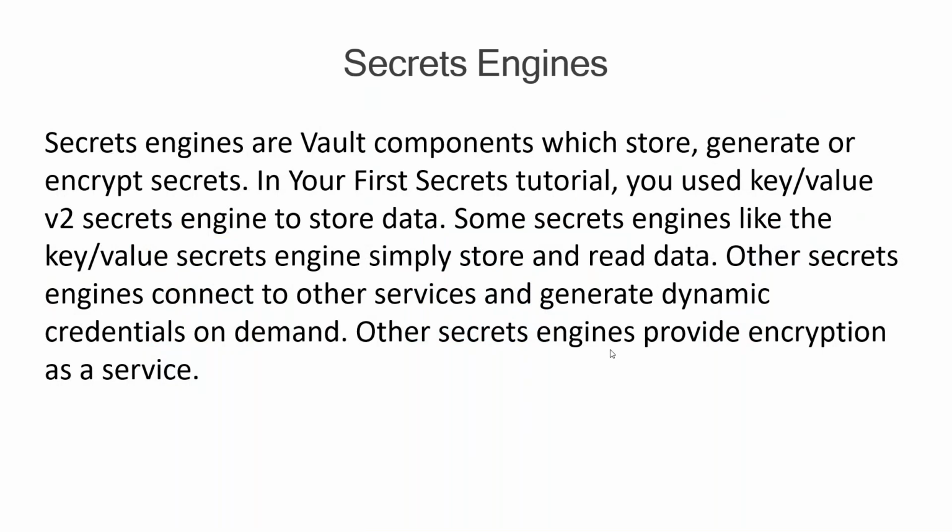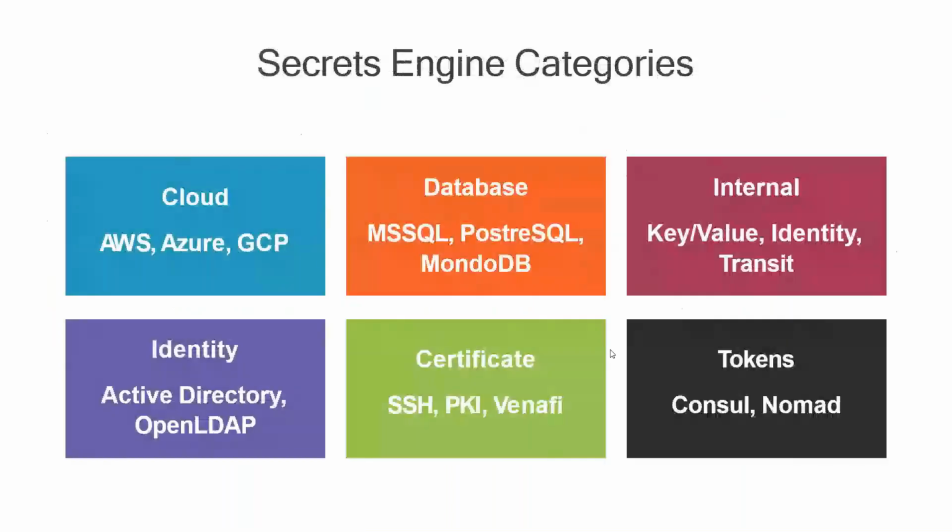In your first secret tutorial, we used the key and value version 2 secret engine to store data. Some secret engines, like the key and value secret engine, simply store and read data. Other secret engines connect to other services and generate dynamic credentials on demand.